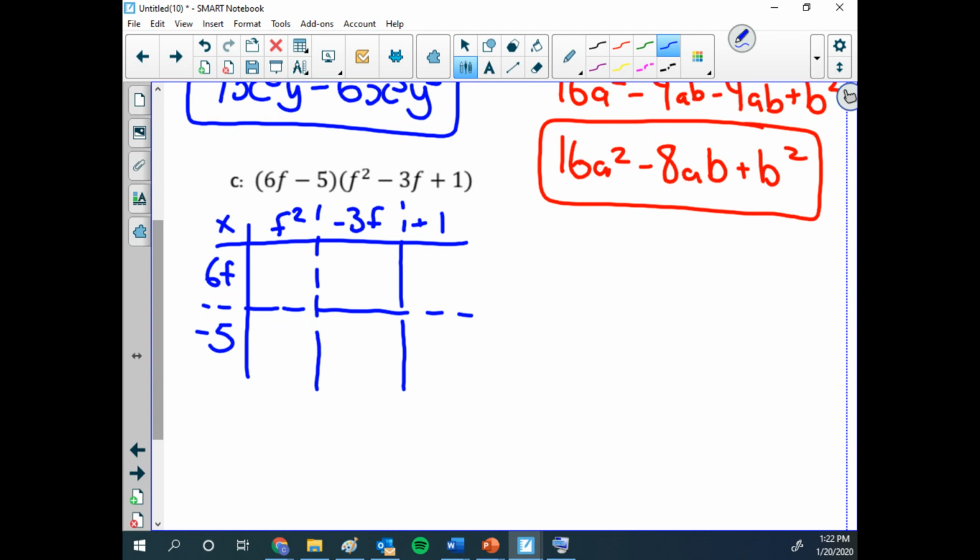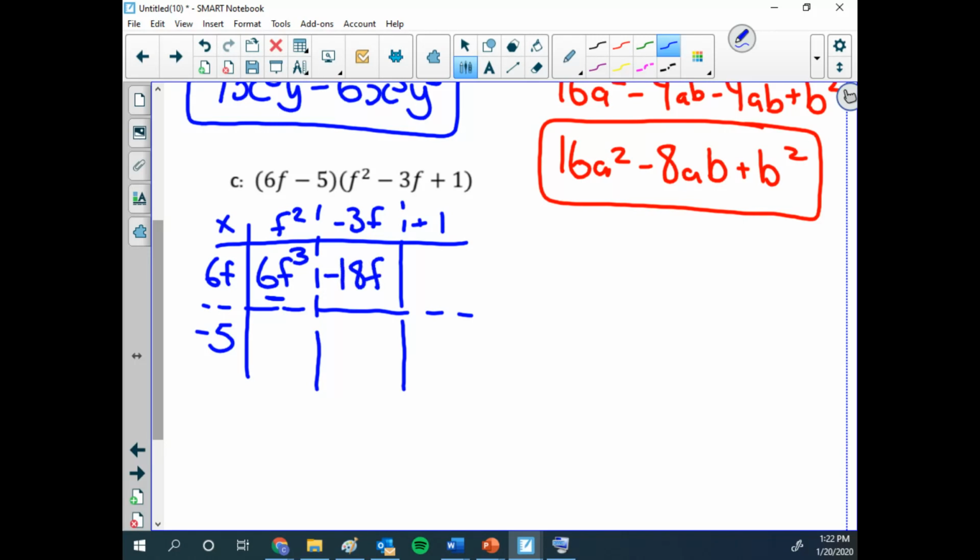So if these are being multiplied, when I come right here, this is 6f times f squared. So 6f to the power of what? F times f squared, f to the power of 3. And I can just keep filling this out, right? So then 6f times negative 3f is going to give me negative 18.